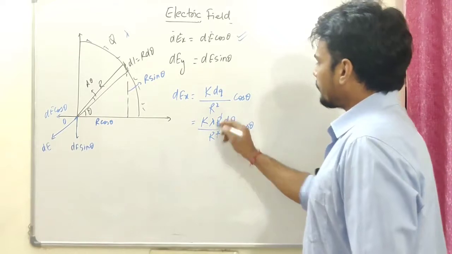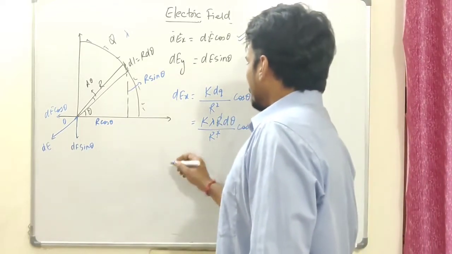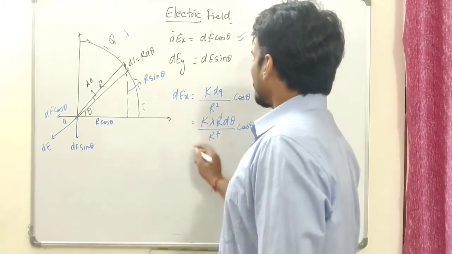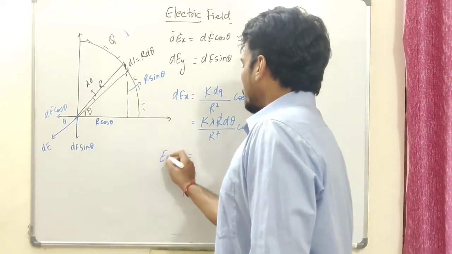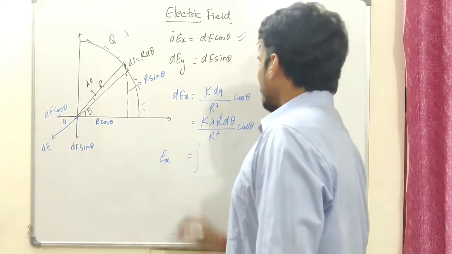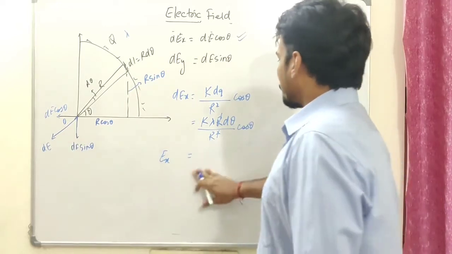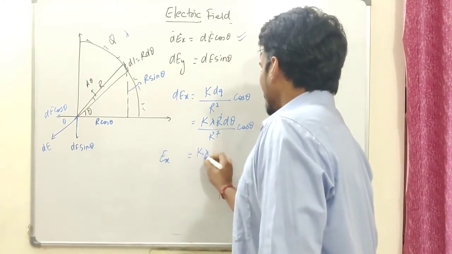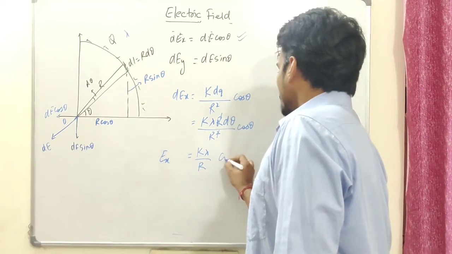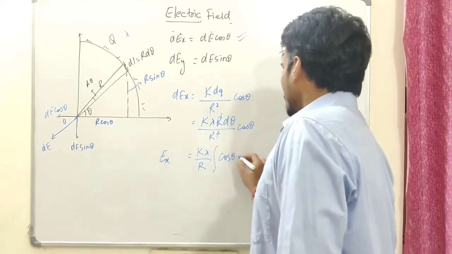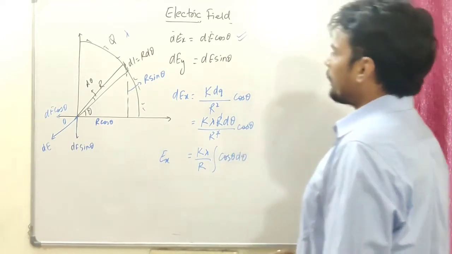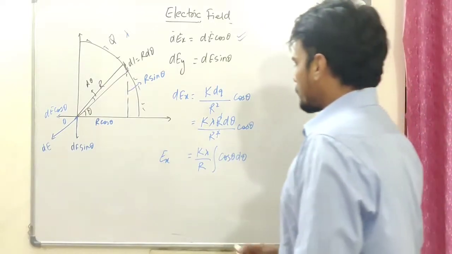Cancellations are happening. If I integrate dE cos theta, I get Ex, the integration of k lambda over r, taking the constant out, times cos theta d theta. Theta varies from 0 to pi by 2.